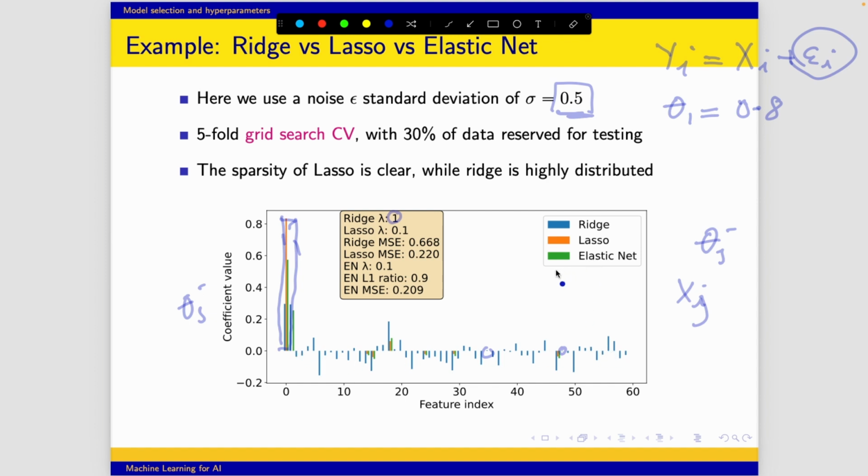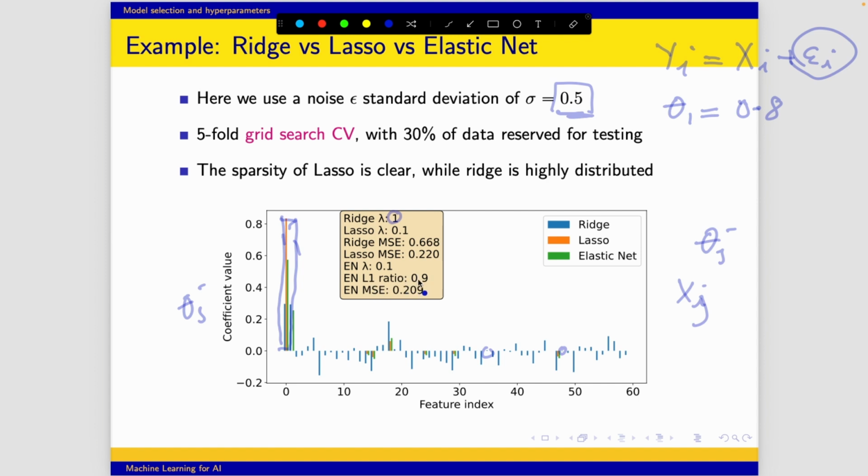Now, what about Elastic Net? Elastic Net is somewhere intermediate between Lasso and Ridge. It also gives us sparsity, but not quite as much as Lasso. But it still does very well. If we look at the mean square error on our test set, for Lasso the optimal lambda we got is 0.1, and in Elastic Net the optimal lambda was also 0.1, and the ratio t, or 1 minus t in this case, was 0.9.